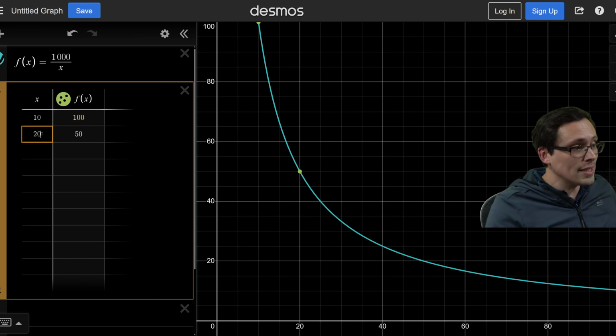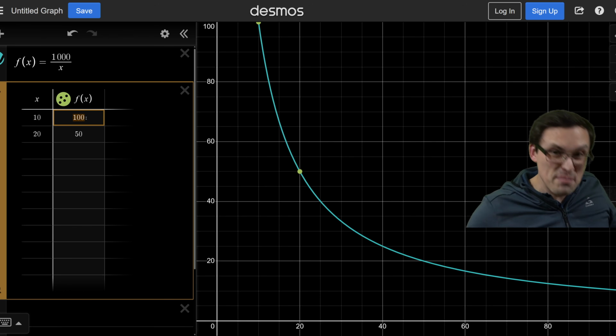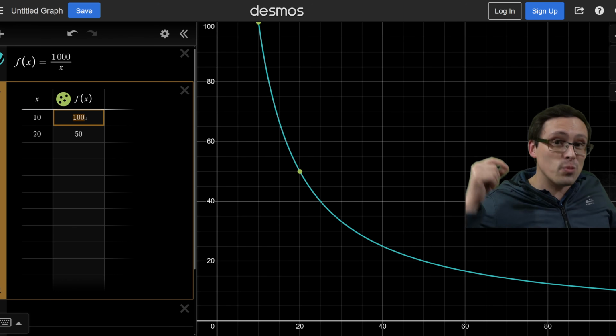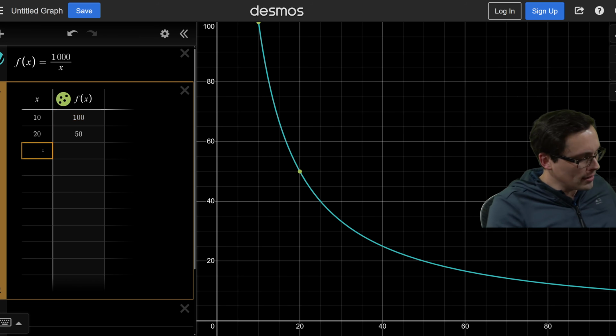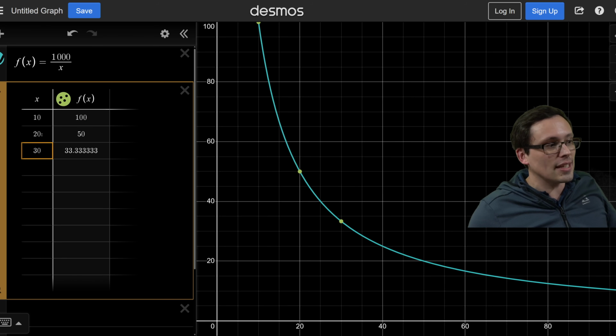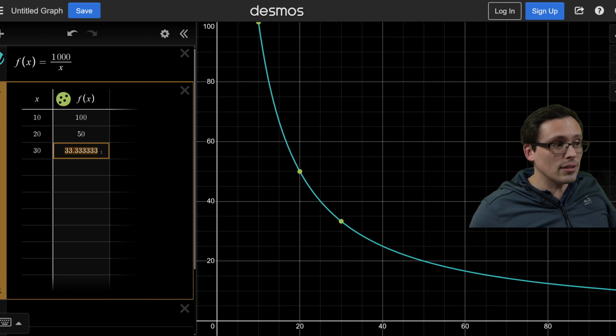If I have 20 frames per second, then each frame is on my screen for 50 milliseconds. So by going just 10 more FPS, I've actually made it so each frame is flipping 50 milliseconds quicker. That is way quicker. That is extremely noticeable. Let's keep going though. Because this is curved, notice that as I go to 30 frames per second, each frame is on the screen for 33 1/3 milliseconds.